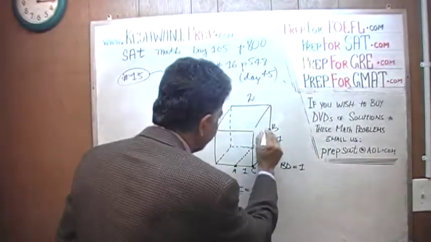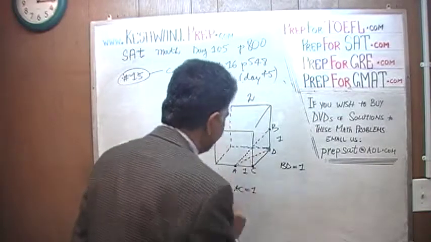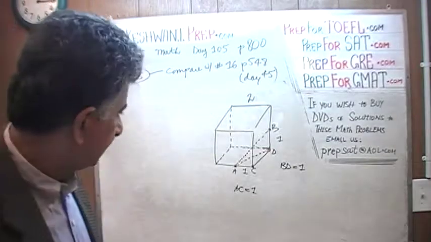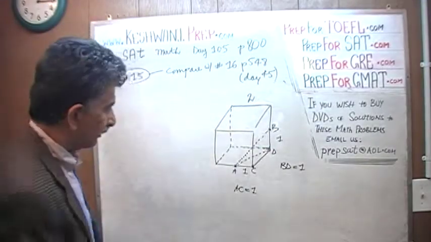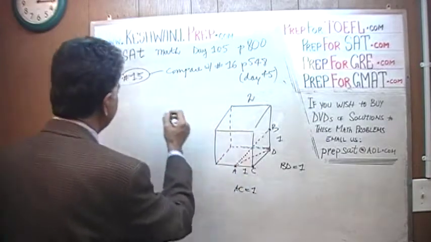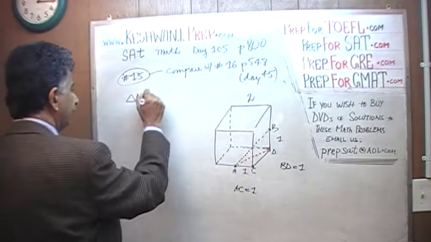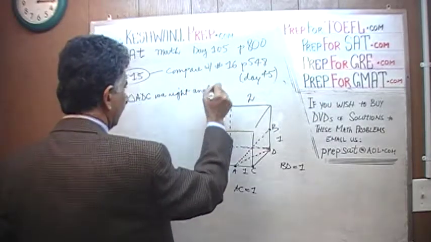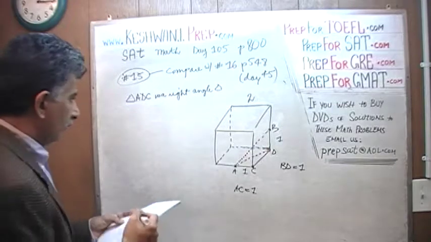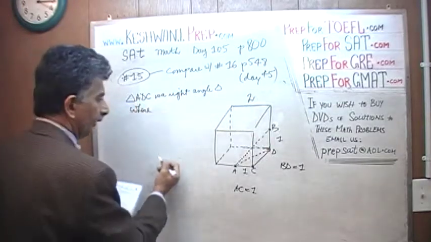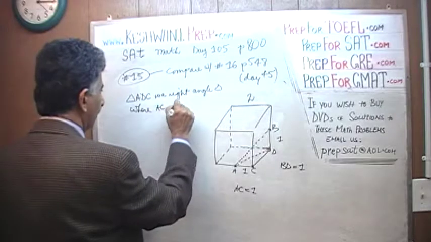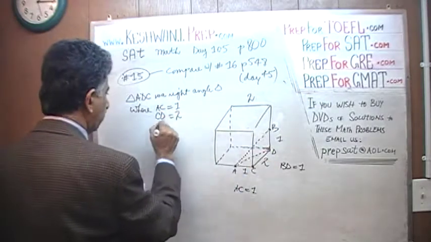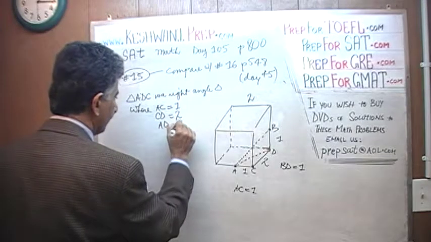In order to find the distance AB, we first have to find A to D. What I want you to understand is that the triangle that is sitting on the floor, triangle ADC, is a right angle triangle, where A to C is 1, C to D is 2, and A to D is what we need to find.